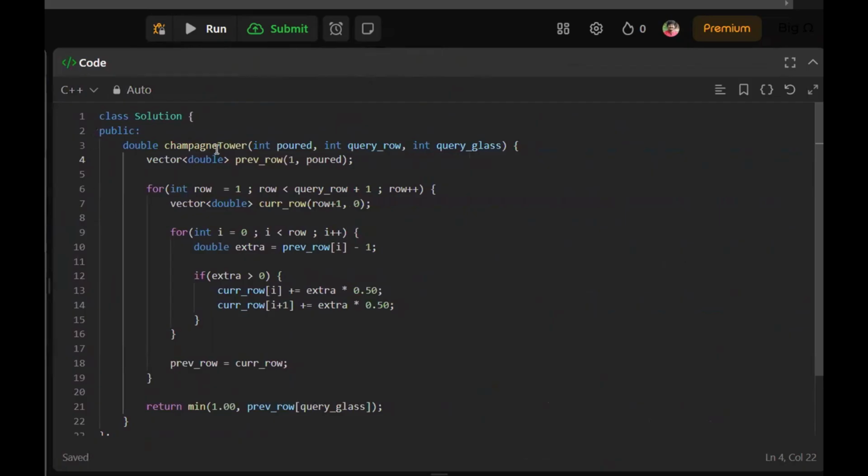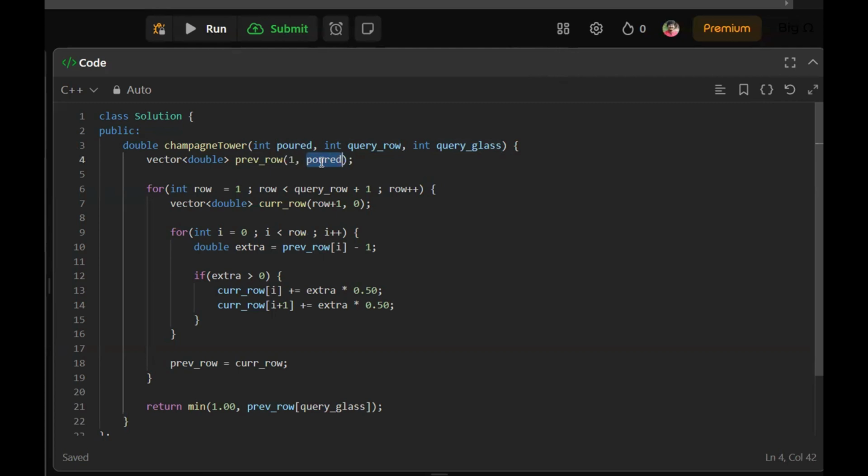Now, we are given one function named champagneTower. It has the initial quantity of champagne, the query row and the query glass. Now, we have declared a previous row which has one element. It is the top element, and the top element currently has all of the initial amount of champagne.